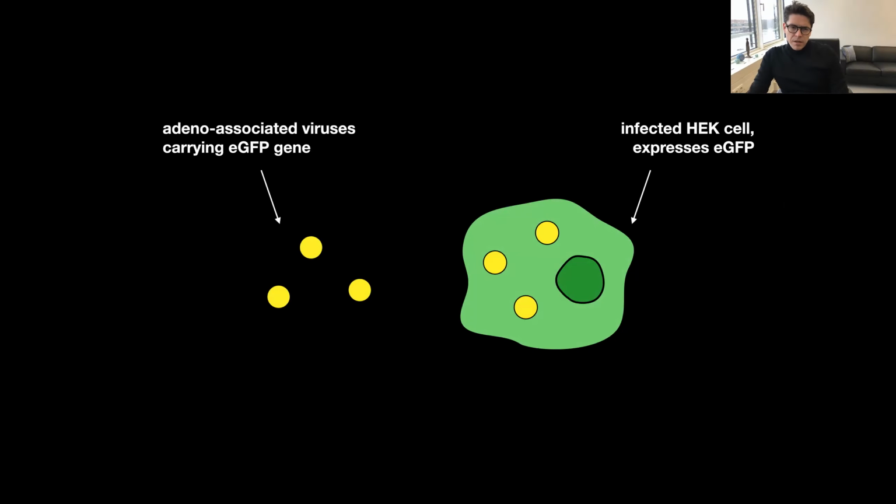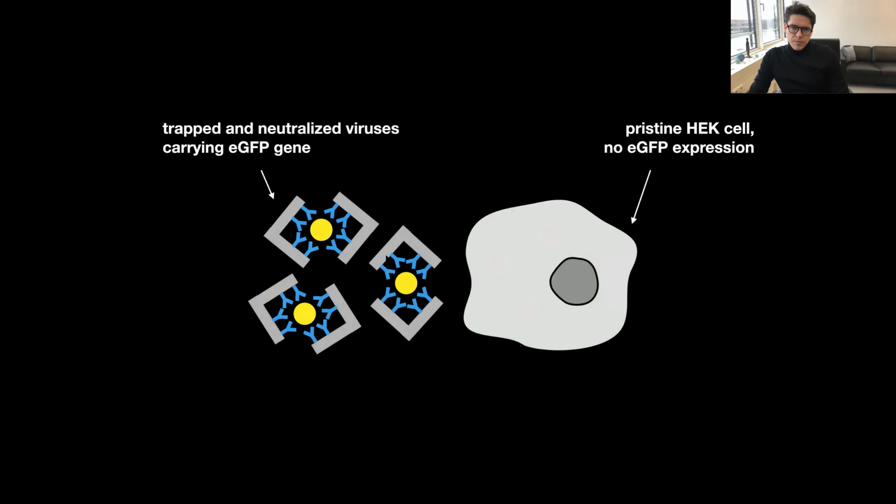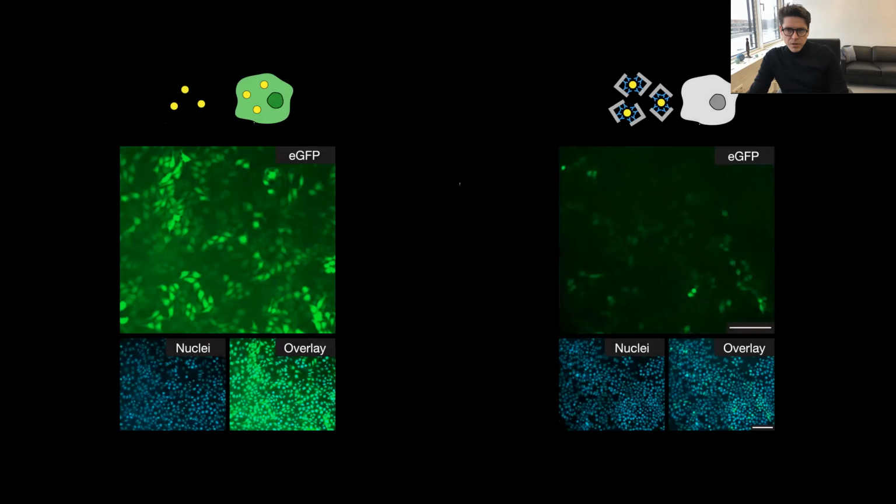If they infect the cells, the cells will express EGFP, so they turn green. The experiment we did compares to which extent trapping the viruses that carry the EGFP gene can suppress the expression of GFP in these cell cultures. And here is some microscopy data showing this.